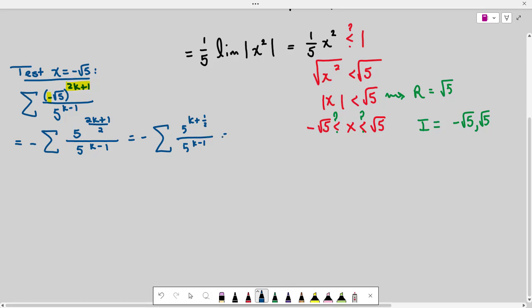And let's simplify this by combining those two powers. This is going to be 5 raised to the, we've got exponentials with the same base, so we subtract the exponents. So we're going to do the upper exponent minus the lower exponent. 5 to the negative 1/2. Good.